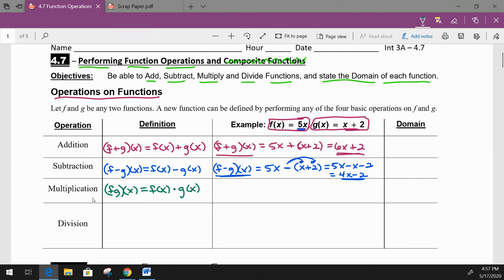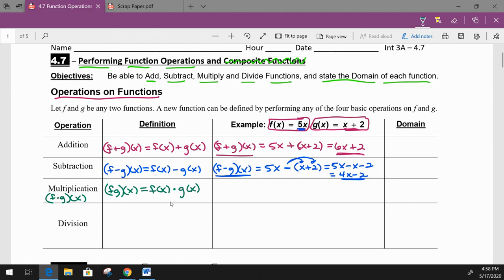It's also possible to see something like f dot g, so you might see a little multiplication sign. That means the same thing. But when we get to our composite functions, composition and multiplication do get mixed up sometimes. The composite function is going to have an open circle in between the f and the g, whereas if you're multiplying, you either just have a dot or nothing at all, typically.